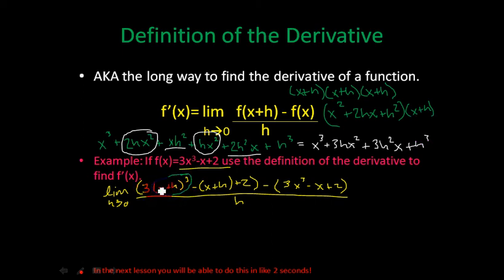Now we're going to expand it out with the 3. So we'll go back down here. So we get 3x cubed plus 9hx squared plus 9xh squared, I'll just write it in a different order because I accidentally squared 3h cubed.